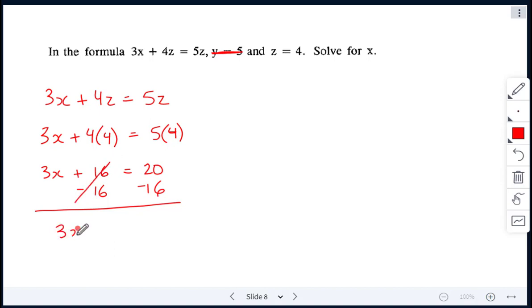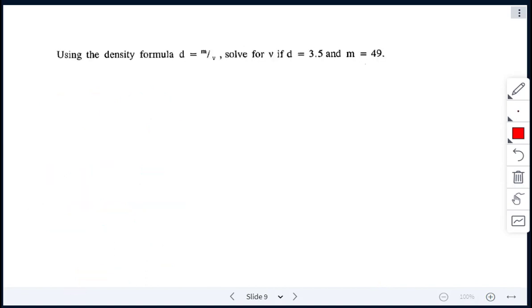That gives me 3x equals 20 minus 16. It's 4. And we'll just divide by 3 on both sides. That leaves me with just x equals 4 over 3. Or if we put it into a mixed fraction, it's 1 and 1/3. And if you put it in decimal, that's okay as well. 1.3, the 3 is repeating.